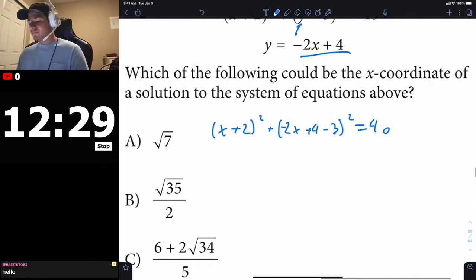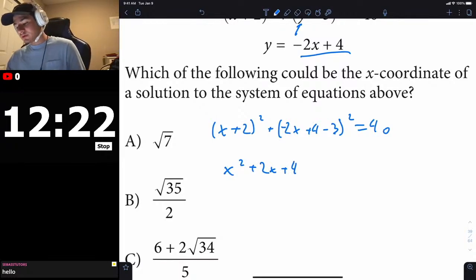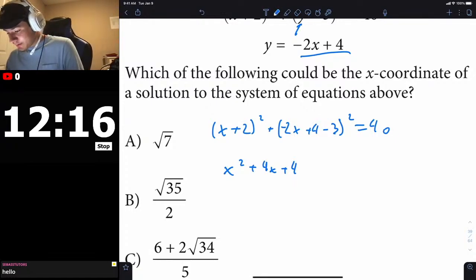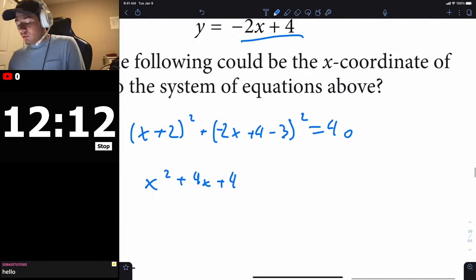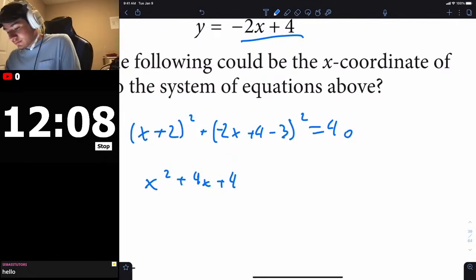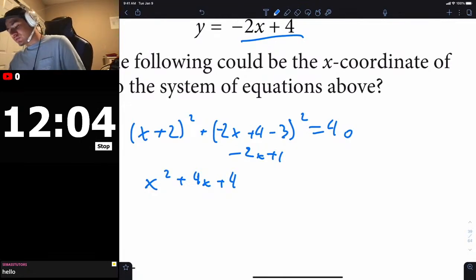I'm going to go ahead and FOIL all this stuff out. X squared plus 4x plus 4. And then if we multiply all this together, that's really negative 2x plus 1, right? Because 4 minus 3 is just 1.